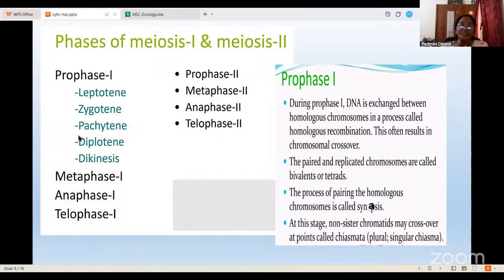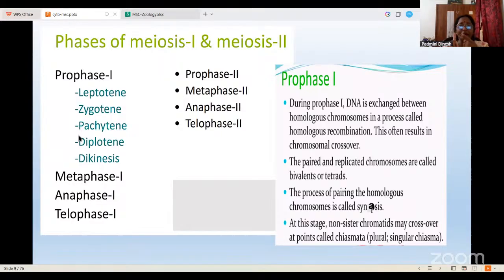Why is this given so much importance? Because if there was no recombination during prophase 1, then we might not have had this many combinations of humans in this world. For example, we say that no two people are alike. No two people's fingerprints are the same.